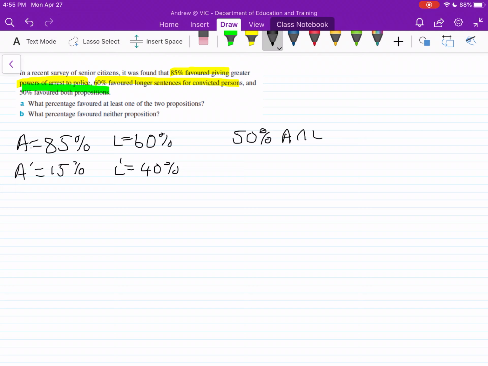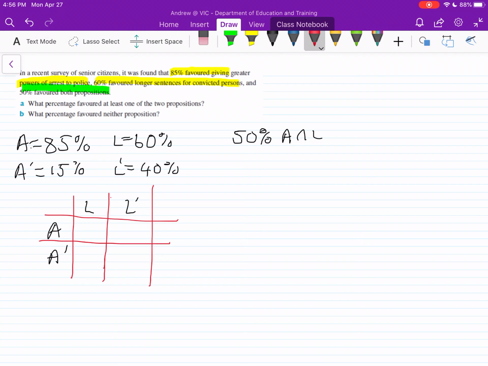So we'll do our arrests and not arrests on the side, and then we'll have our longer sentences on the top. So we've got some totals that we can put in here.